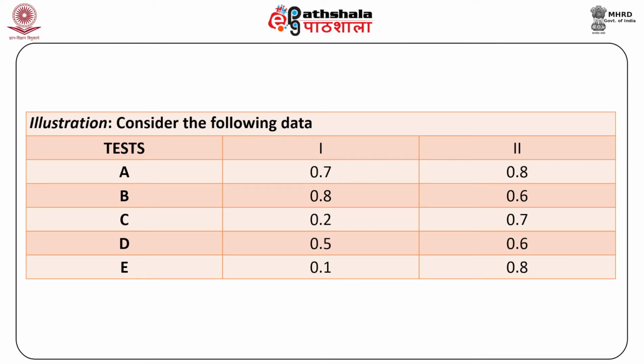Illustration. Consider the following data: test A, B, C, D, and E. The corresponding factor loadings are: for factor 1, 0.7, 0.8, 0.2, 0.5, 0.1; factor 2, 0.1, 0.2, 0.7, 0.6, 0.8.